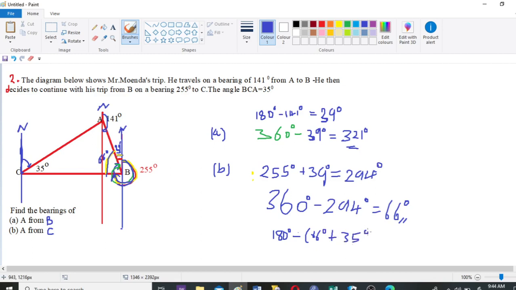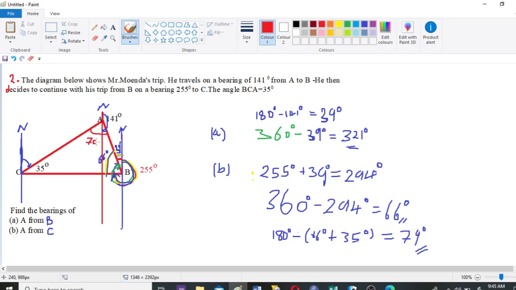So 180 minus 65 plus 35, which gives us 79 degrees. So this is the size of the angle from here up to there.